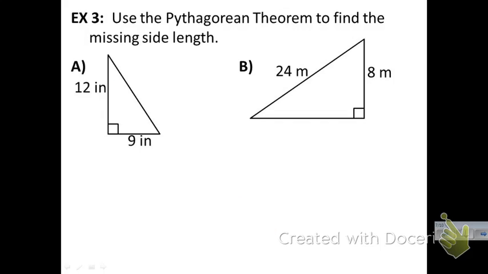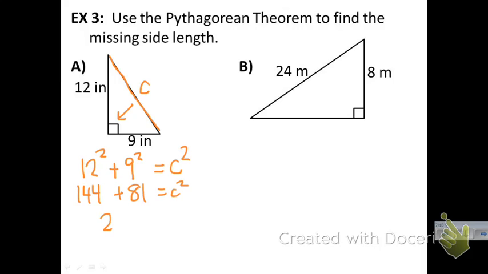So example 3 says use the Pythagorean theorem to find the missing side. What you want to notice first is what side you are missing. Here we're missing this side right here, and this is the longest side because it's opposite the right angle, so I'm going to call it c for the hypotenuse. Then we set up our equation: 12 squared plus 9 squared, and it doesn't matter the order there, equals c squared. 12 squared is 144, plus 9 squared is 81, equals c squared.